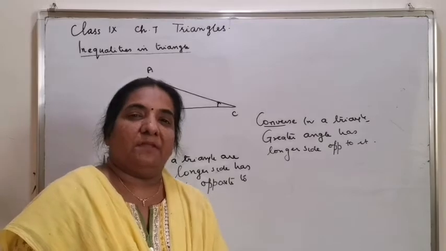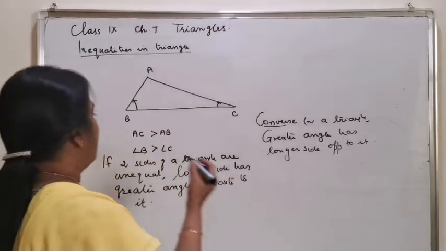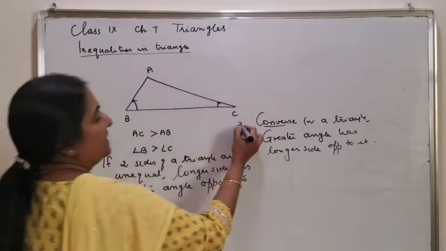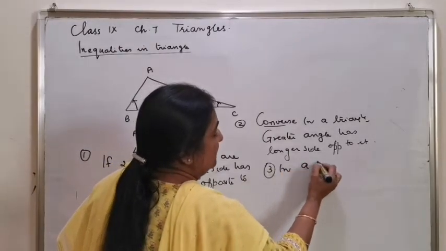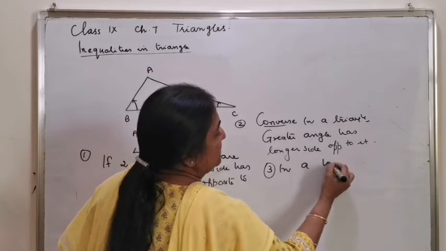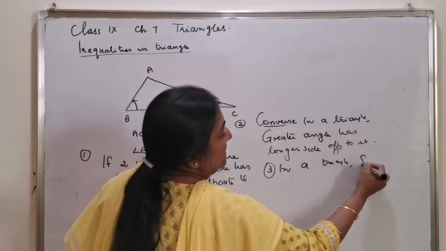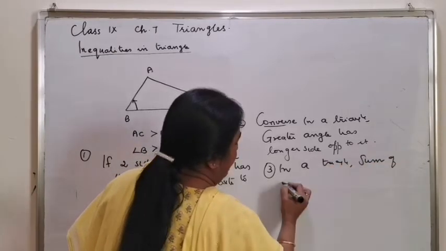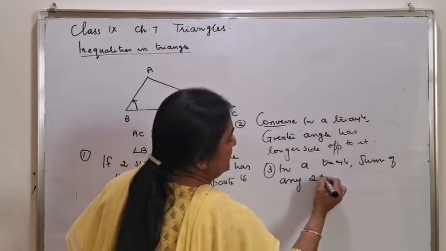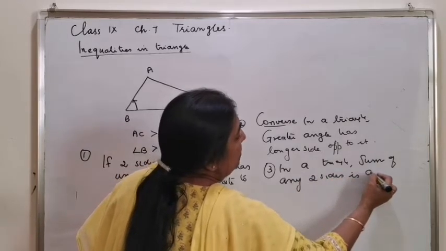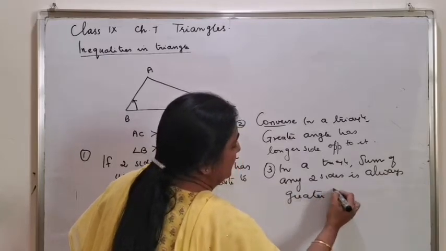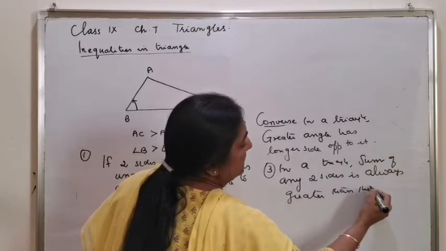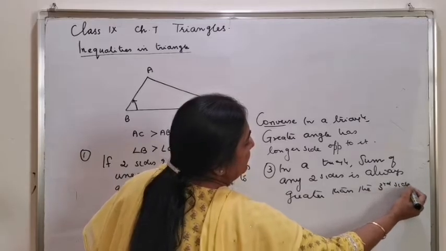Then the third property regarding triangle is, in a triangle, sum of any two sides is always greater than the third side.